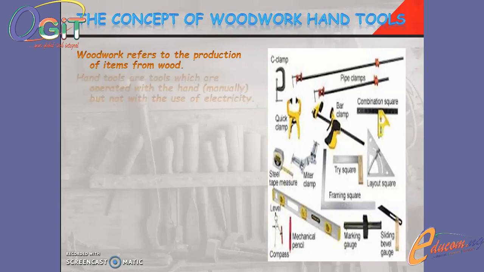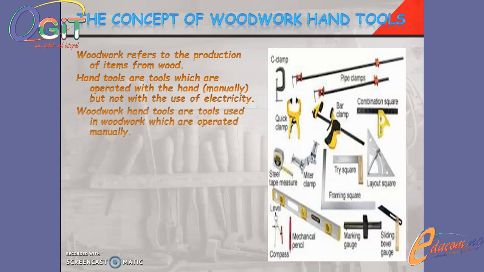And the other component is the hand tool. Hand tools are tools which are operated with the use of hand, but not electricity. This means that any item or any tool you use your hand to operate is called hand tool. With this in mind, we now define woodwork hand tools as tools used in woodwork which are operated manually. Manually means with the hand.